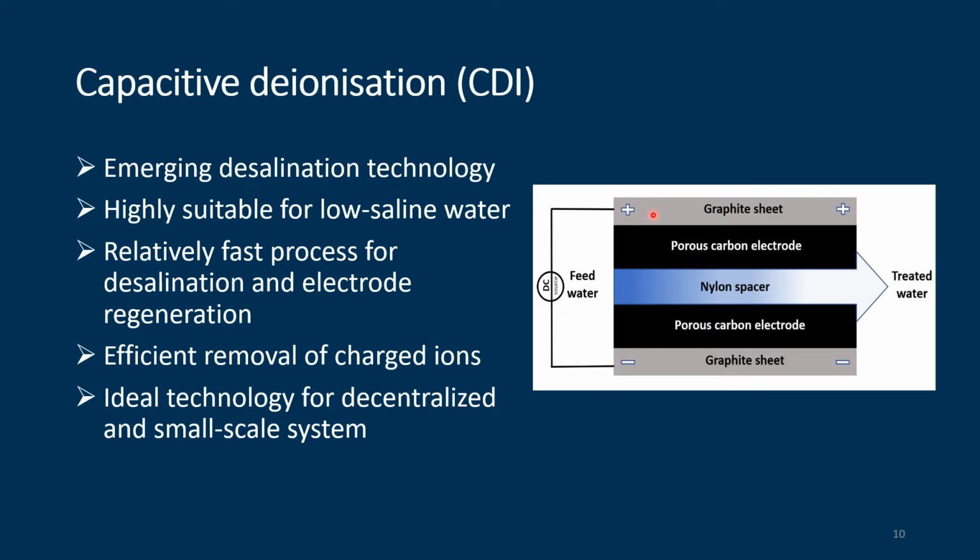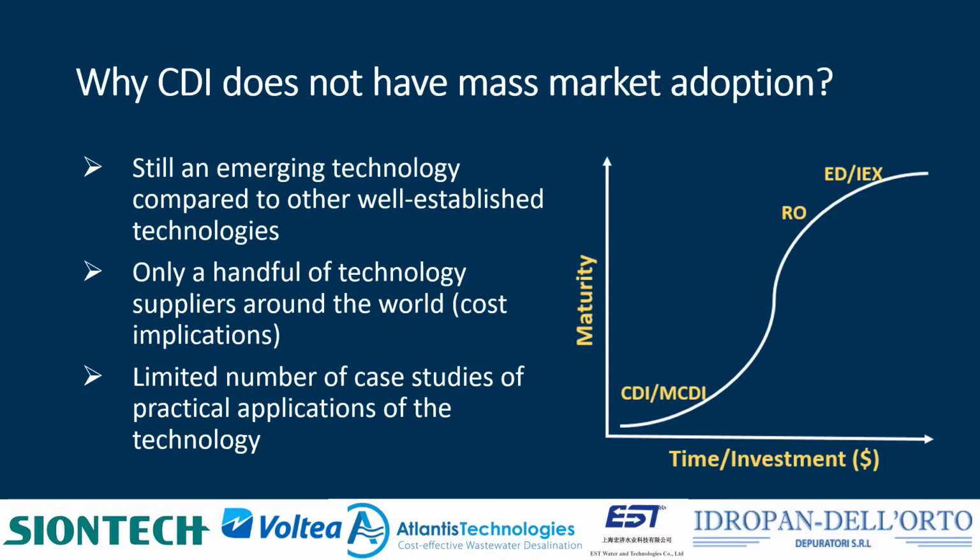And CDI is an emerging desalination technology, highly suitable for low saline water, a relatively fast process for desalination and electro-regeneration, efficient removal of charged ions, ideal technology for decentralized and small-scale systems with solar or wind energy.